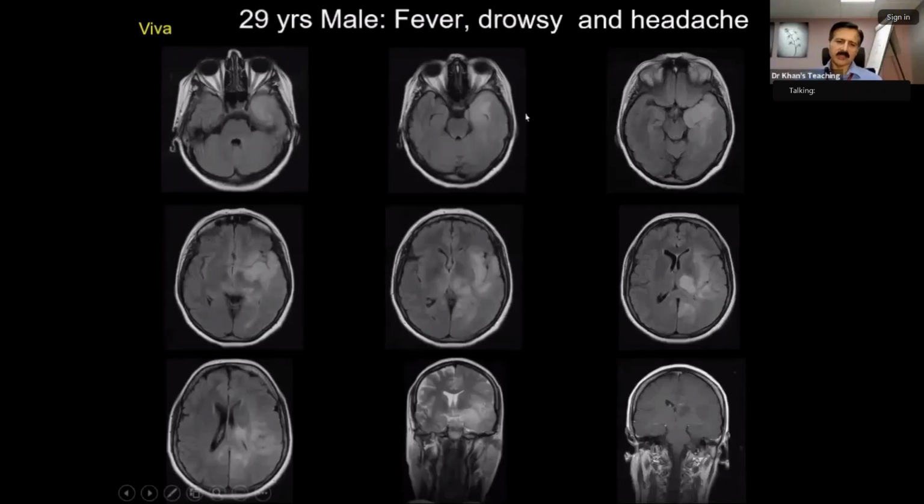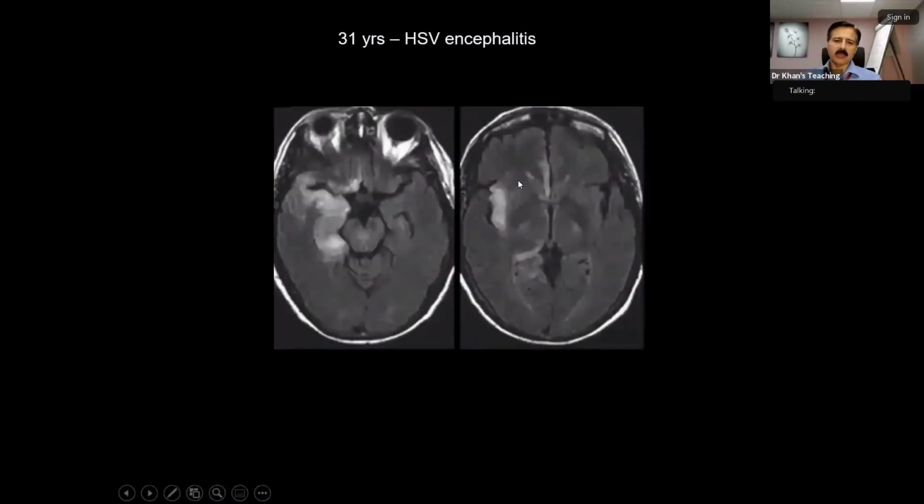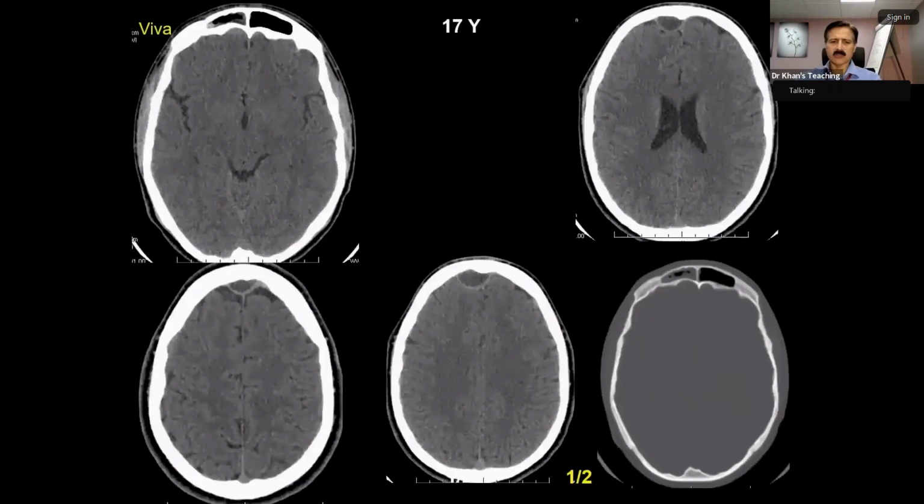So in herpes encephalitis, what happens is that there is high signal, particularly in the medial temporal lobe, the insula and the subfrontal region. This case is classical. All of you can diagnose it, so we'll crack on. Nothing difficult in this case.